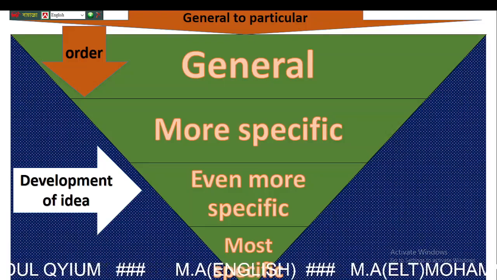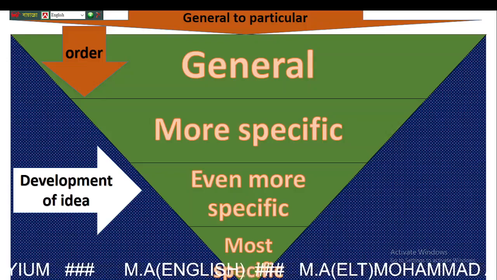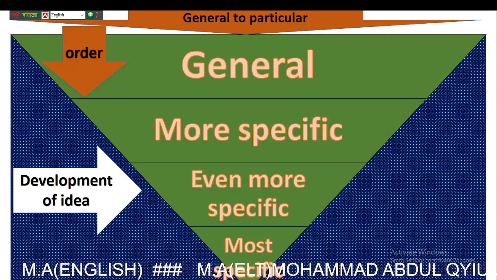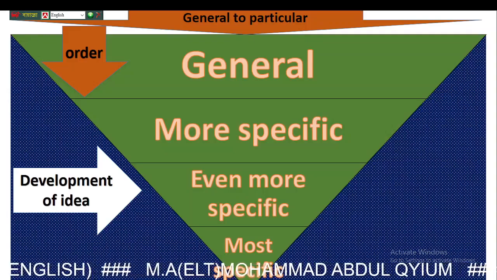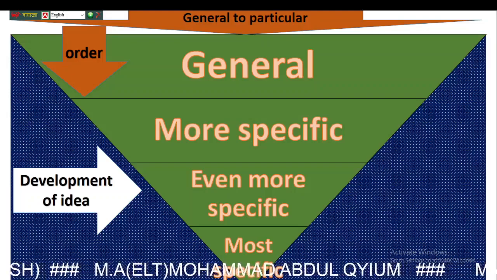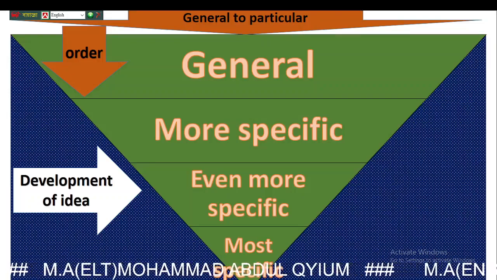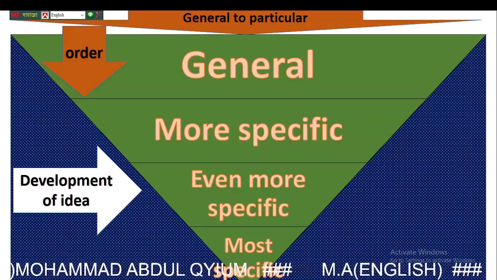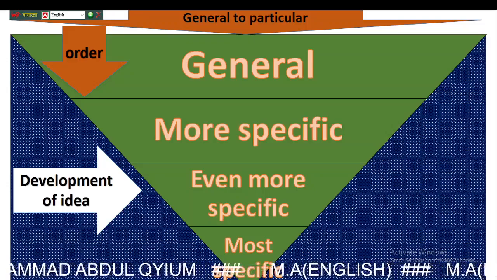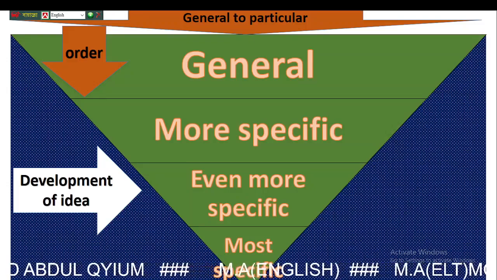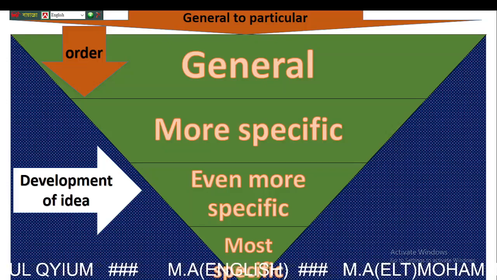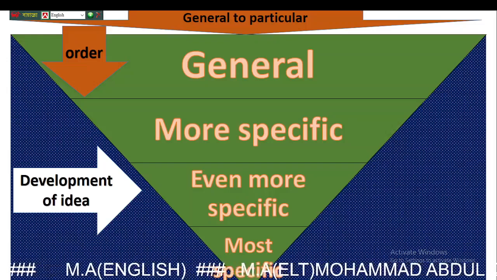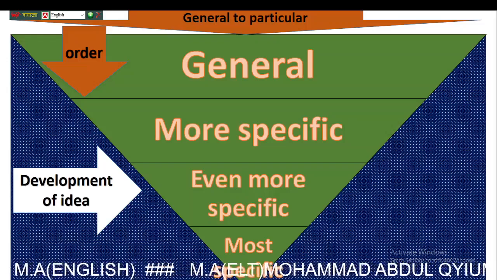This phrase, criminal activity, includes all activities. It's a general term. There are lots of criminal activities carried out by adolescents, but I did not mention any. Generally, I've written that which represents all criminal activities.